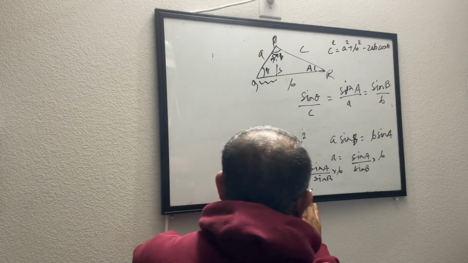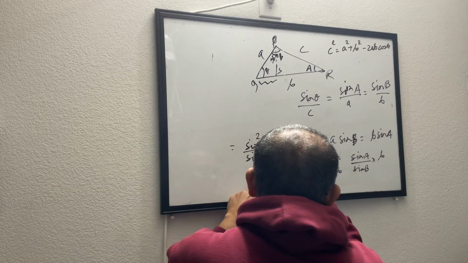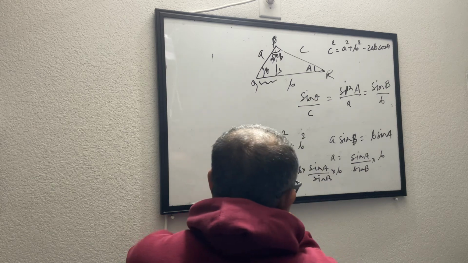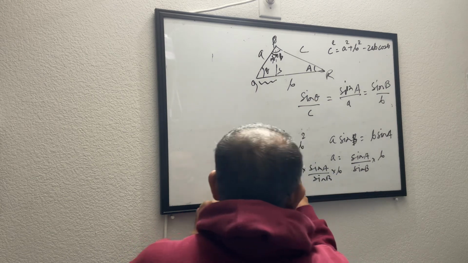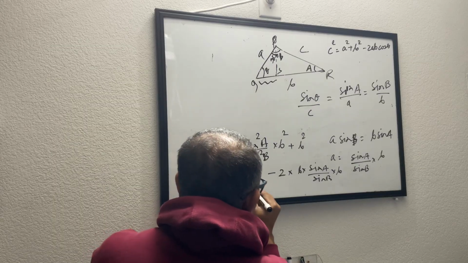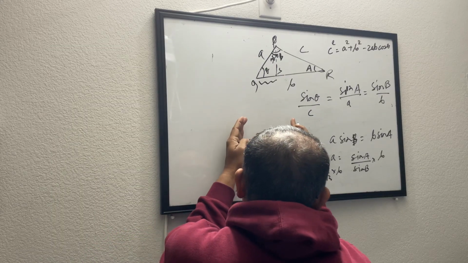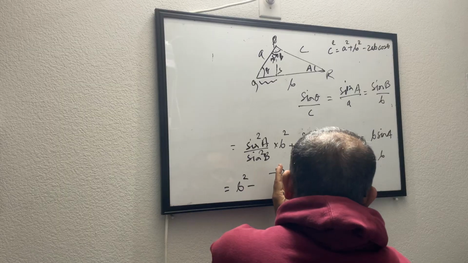So I am getting B square times this thing, and this becomes 2B square.